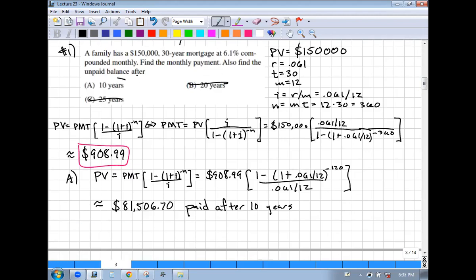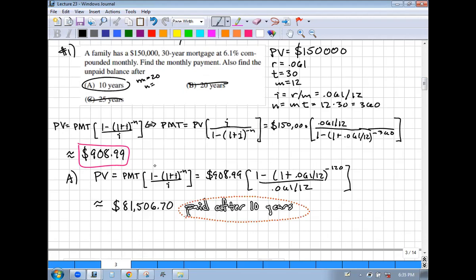The unpaid balance after 10 years, we need to change our M. No, yeah, our M is going to be 20 years, right? So our N is, because that's the years that aren't being paid, right? So it's 20 years that we're not paying. So instead of paid after 10 years, this is unpaid at 10 years.